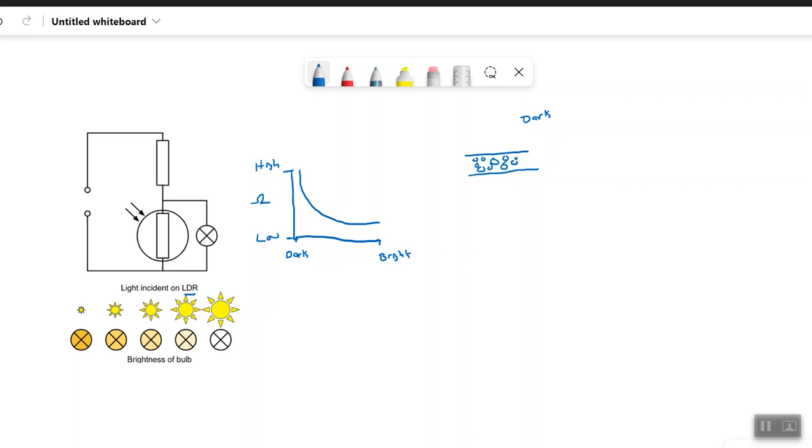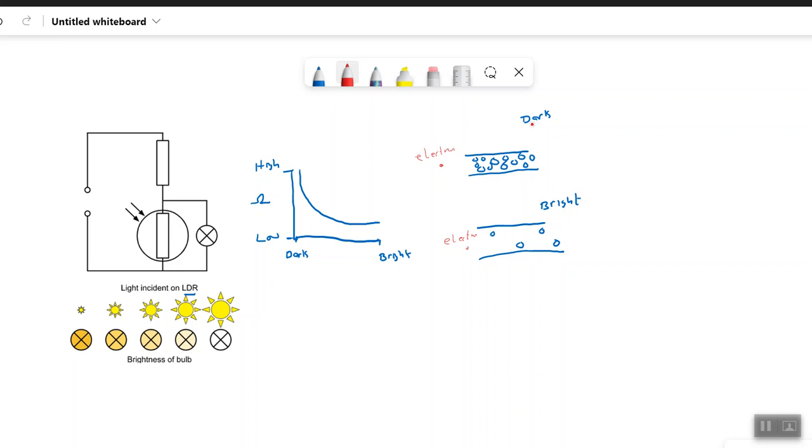It's going to be high resistance. Then you're going to have this when it's bright, with this kind of path. This is your electron here.